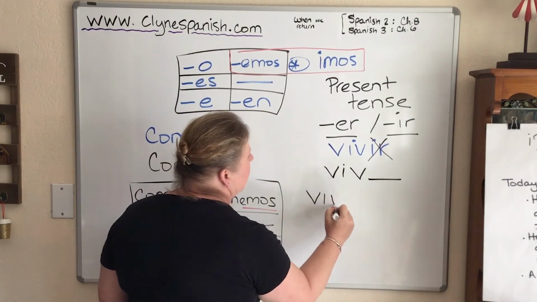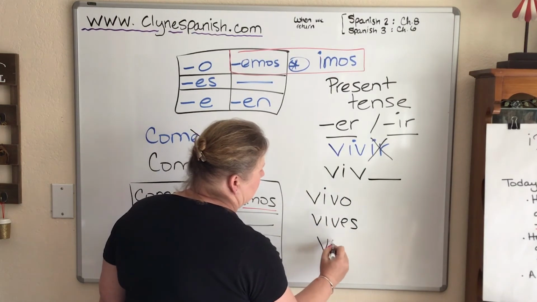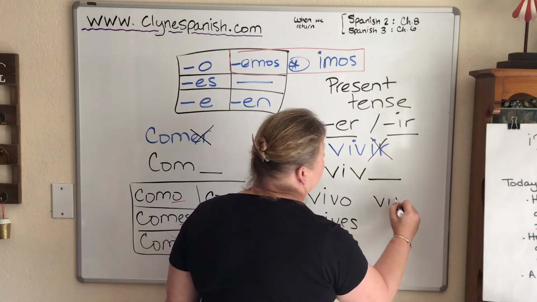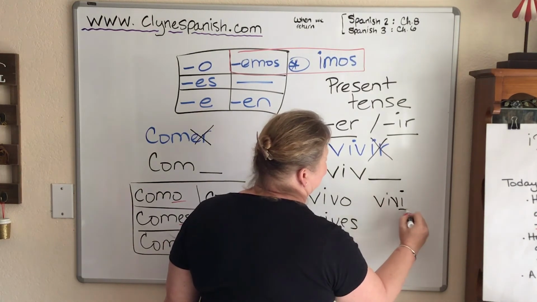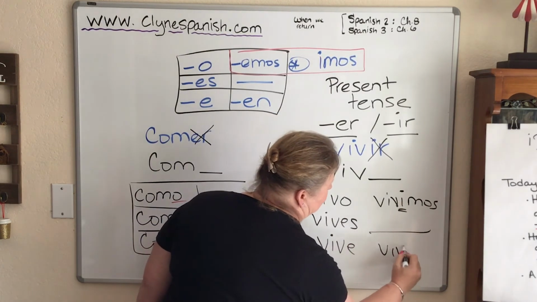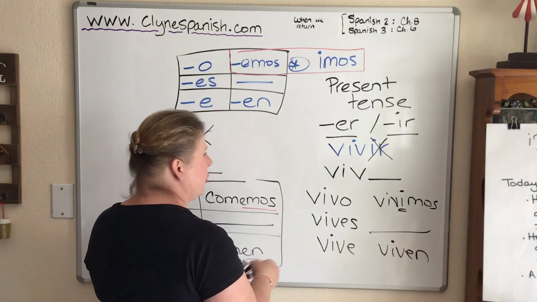Vivir is vivo, vives, vive, vivimos. I was trying to emphasize it, almost threw myself off. Okay, and viven.